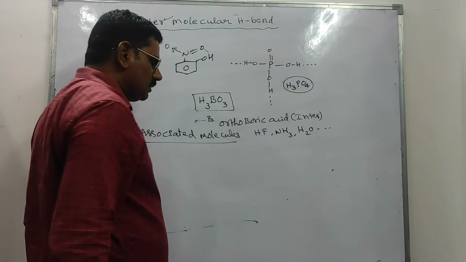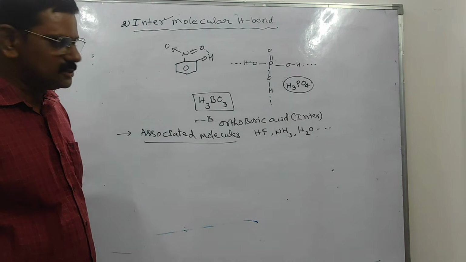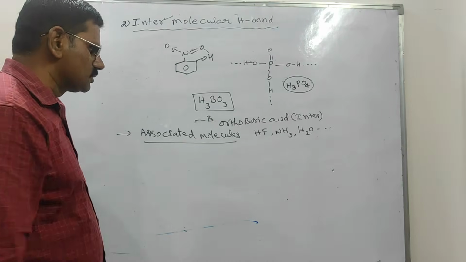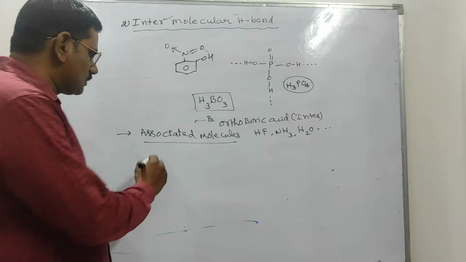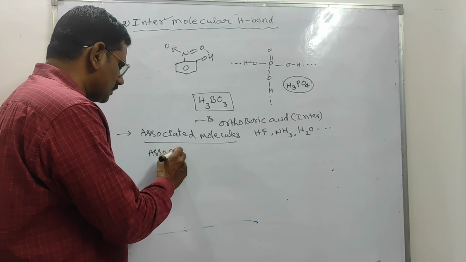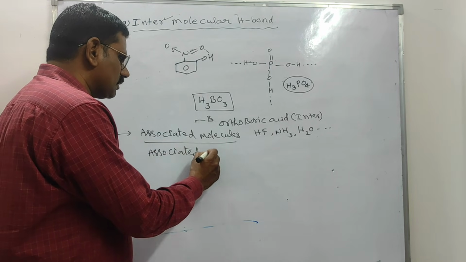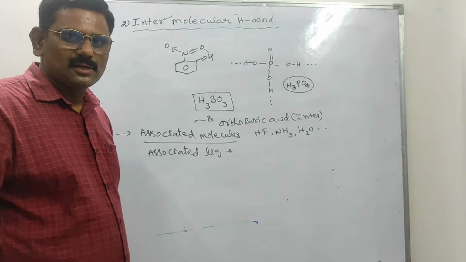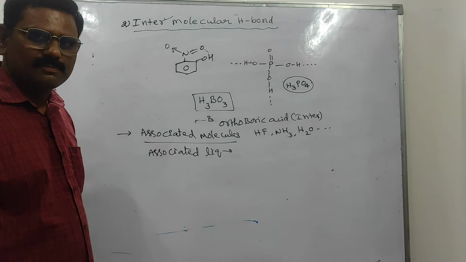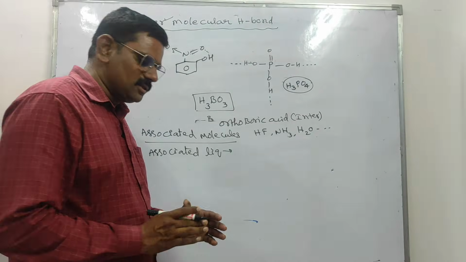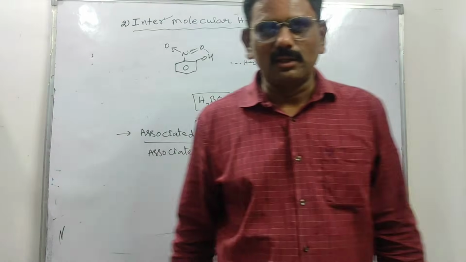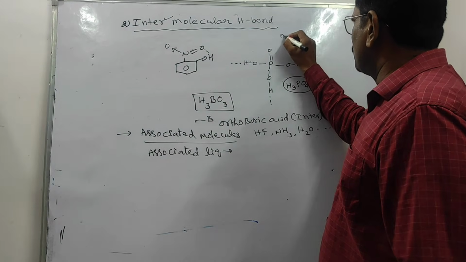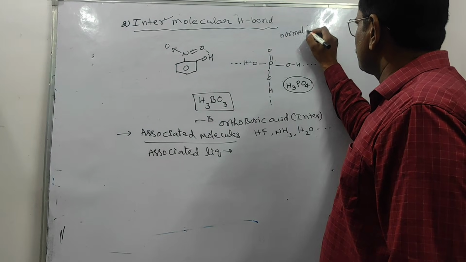Associated liquids are the liquids in which hydrogen bond is present. The liquids in which there is no hydrogen bond are called normal liquids.